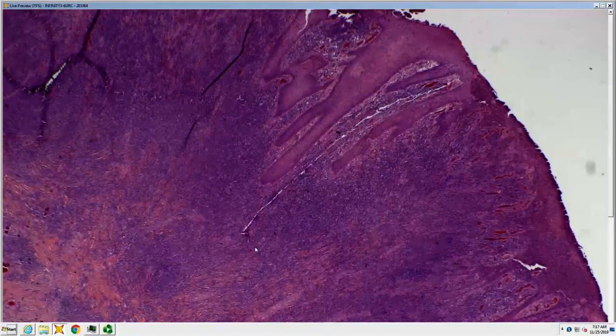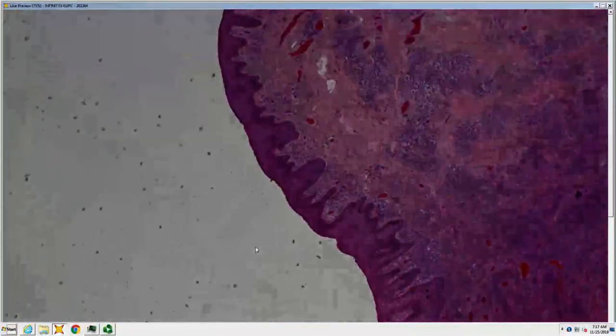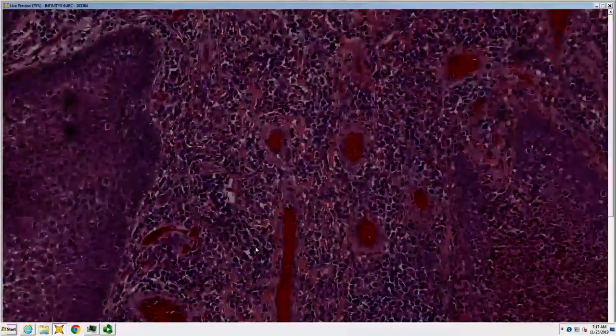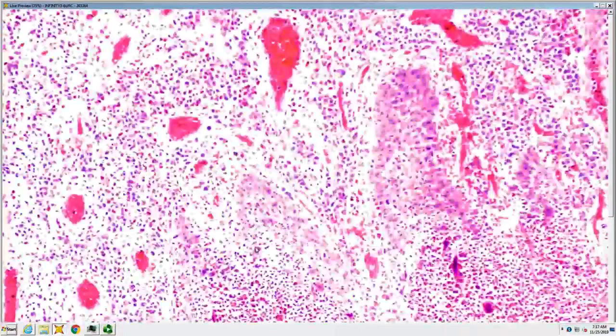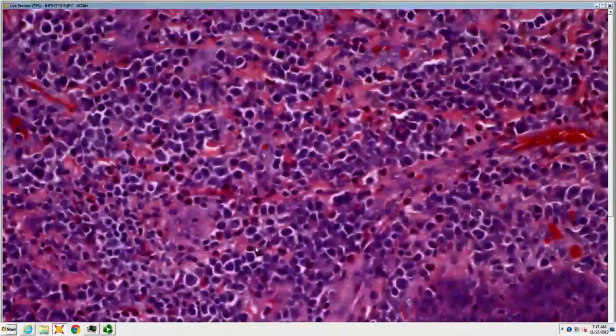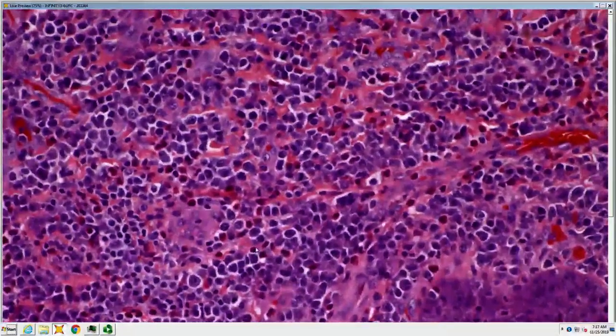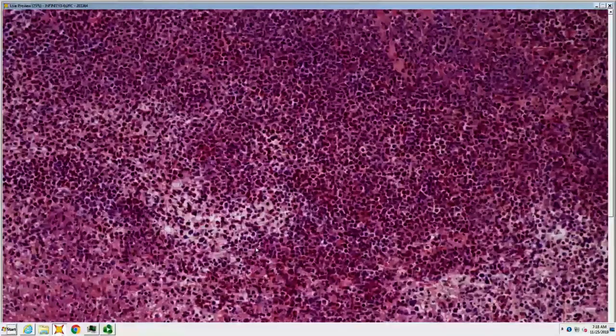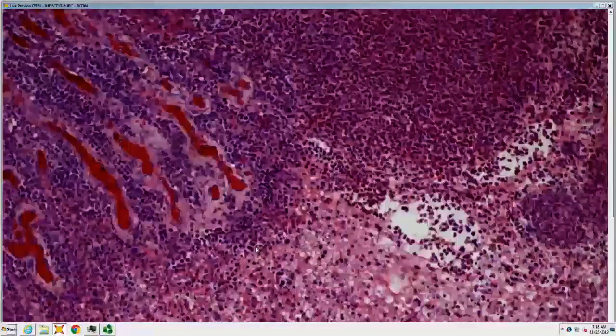So this one has a very broad ulcer. Look at the bit of the ulcer. First off, sheets of plasma cells, EOs, and let's see if there is anything else.